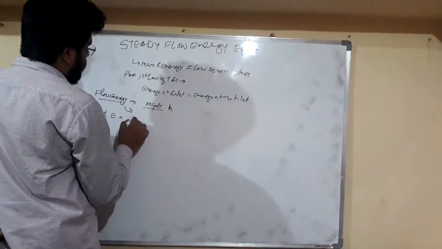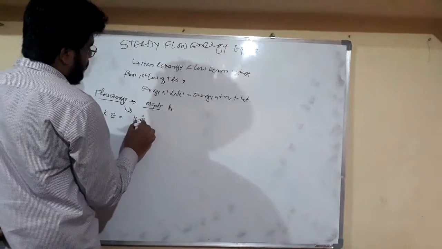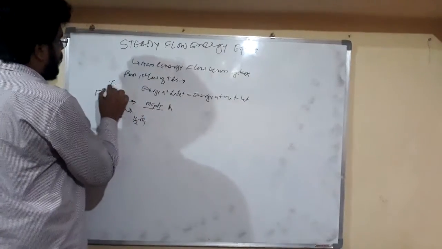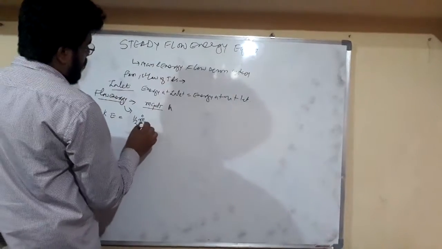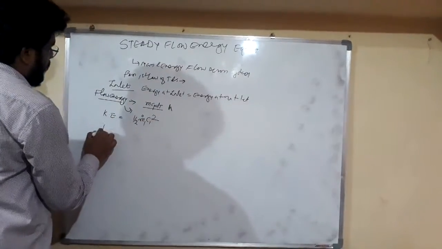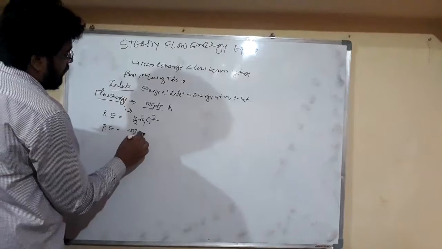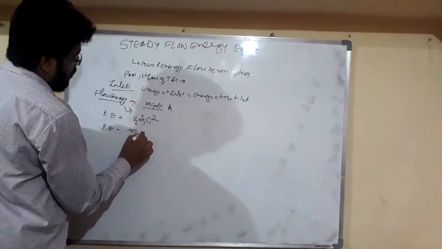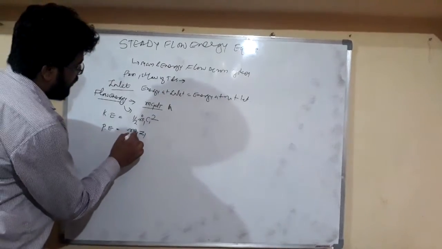So kinetic energy is 1/2 m C1 square, taking here for inlet, and our potential energy is M1 g Z1.